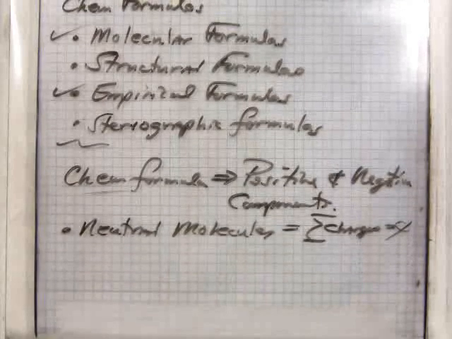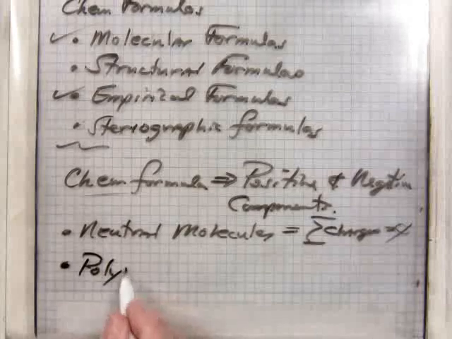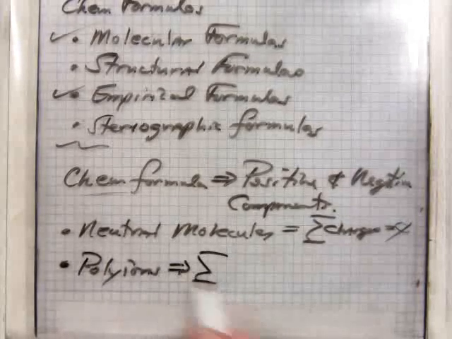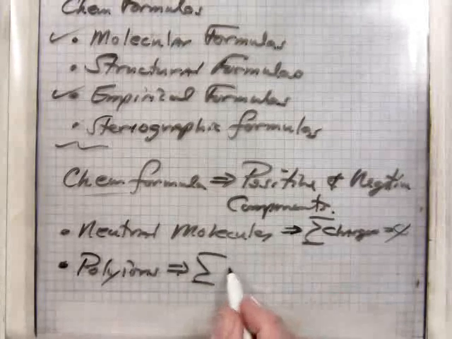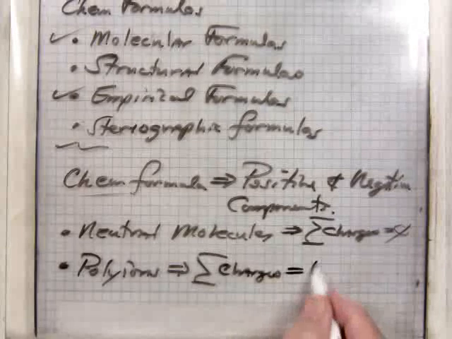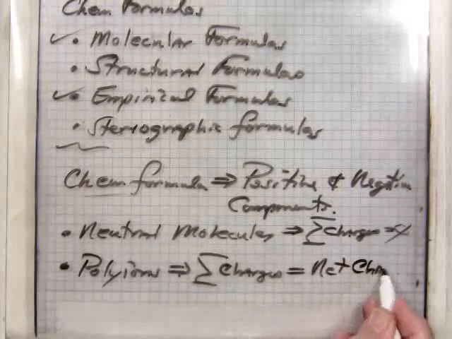If you have a polyion, the sum of the charges equals a net oxidation state or charge.